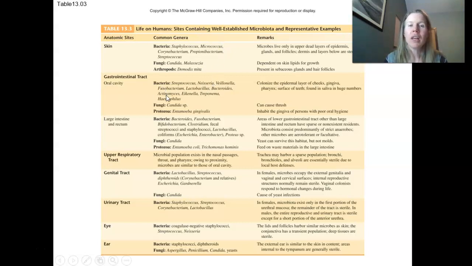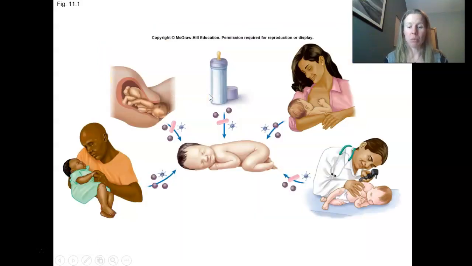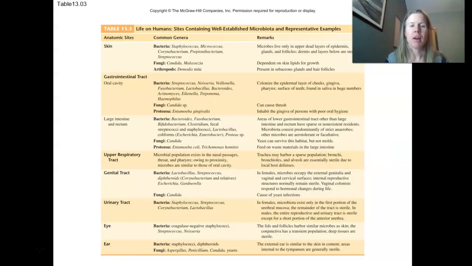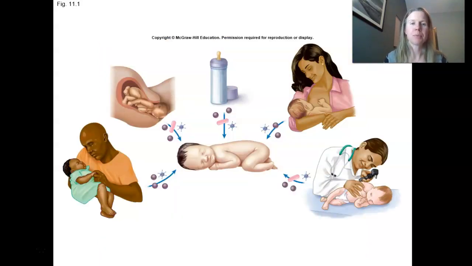In the oral cavity, more Streptococcus, Lactobacillus, you might recognize. Large intestine, we should have Escherichia in here somewhere. There it is, Escherichia, E. coli, etc. You can look through there if you're interested in what particular strains, and they also give some really interesting and common examples.